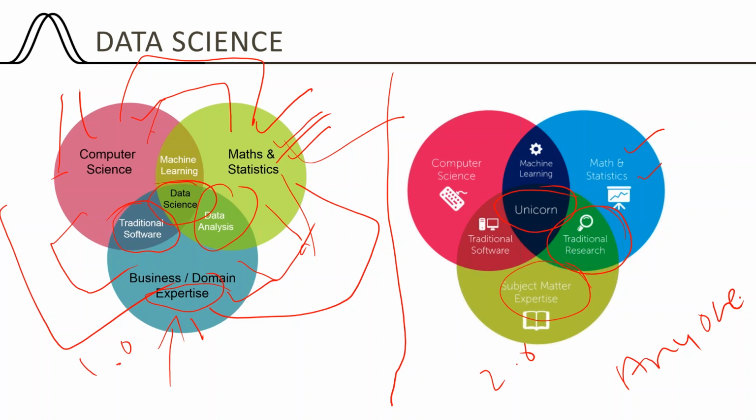Okay, and also you can see here the difference between machine learning and data science. If you mix computer science and mathematics, that is machine learning. But if you add some business knowledge to the machine learning, that becomes data science.